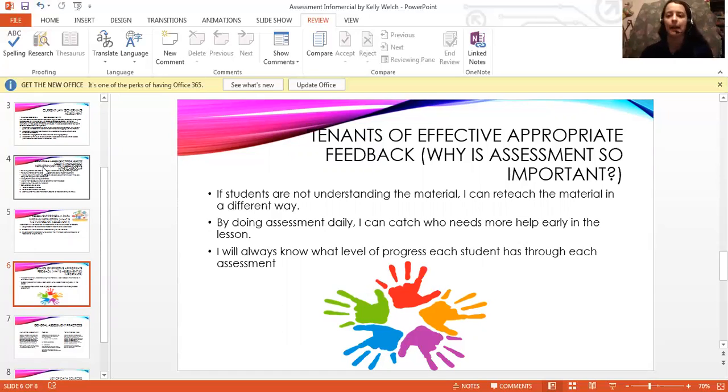So if I'm going around watching them do their worksheets, and I see that they're doing something wrong, then I can quickly say, you need to do this and this, so that they can understand it that time instead of catching it later on and then they have to relearn the material. So I will always know what progress my students are on whenever I assess them. So since I assess them daily, I know at the end of class how well they understand the material.